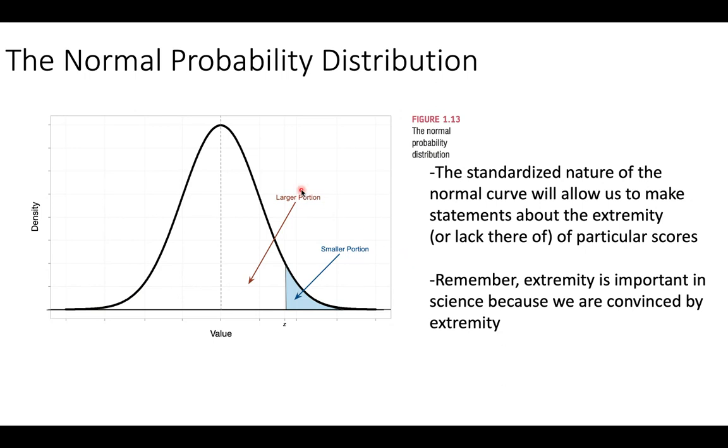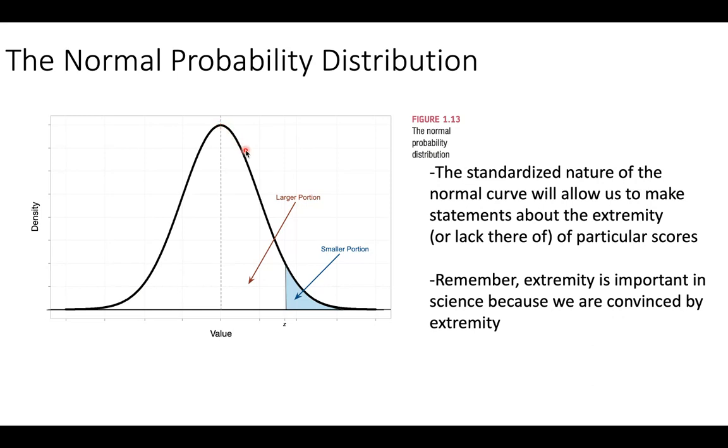So scores that are typical, in the meat of the curve, this section where most people fall, are not convincing, right? If I told you that I have a high IQ and my IQ came back right here as average, then you should not believe me, right? Because I claimed to have a high IQ and my IQ turned out to be very typical.